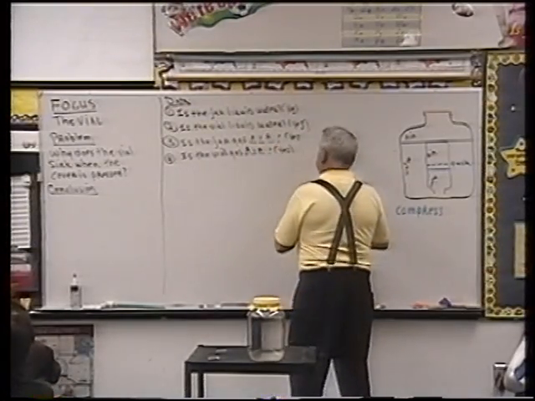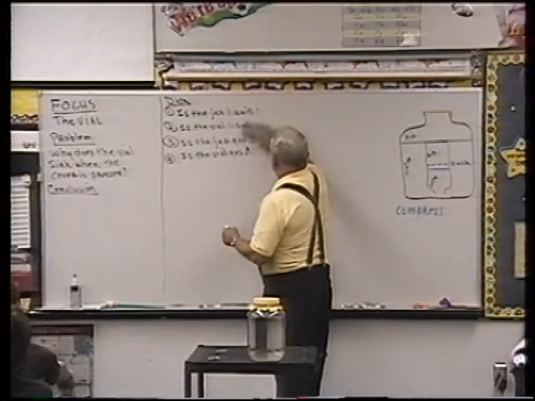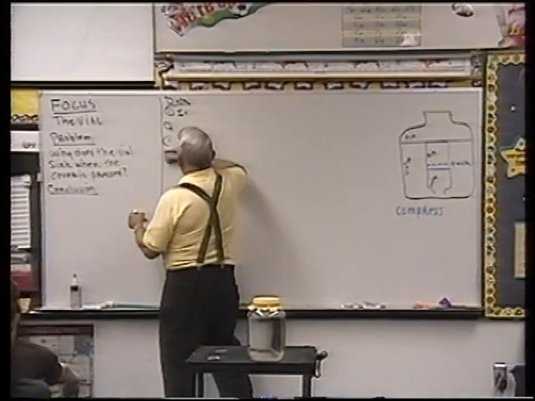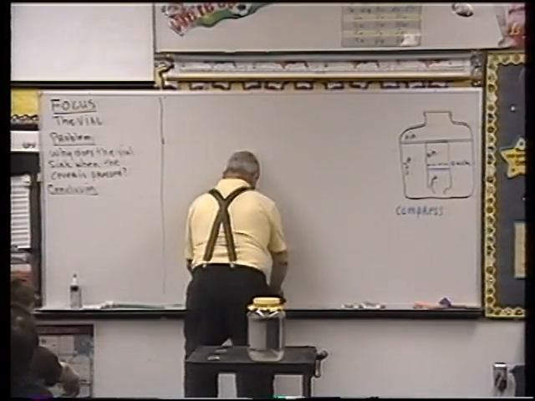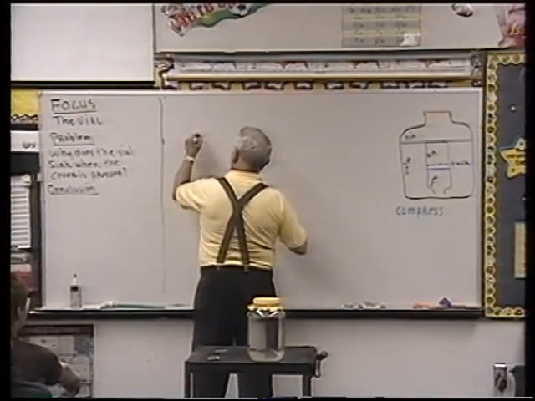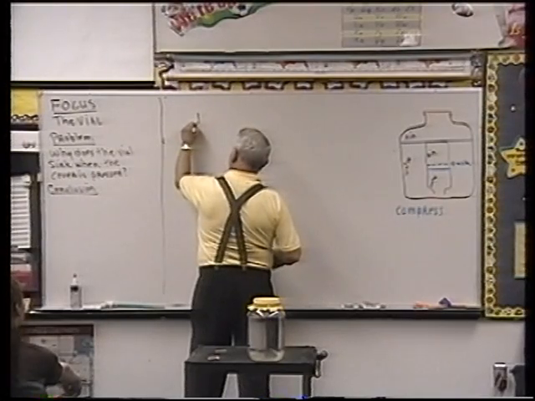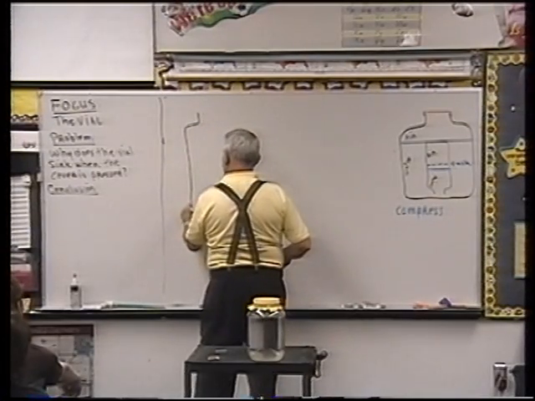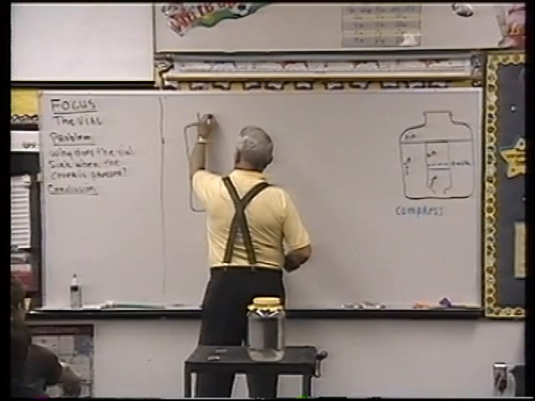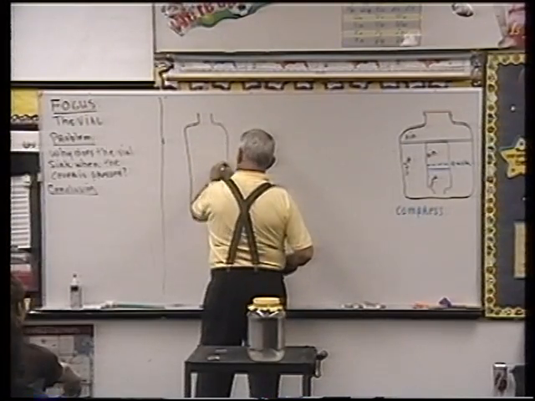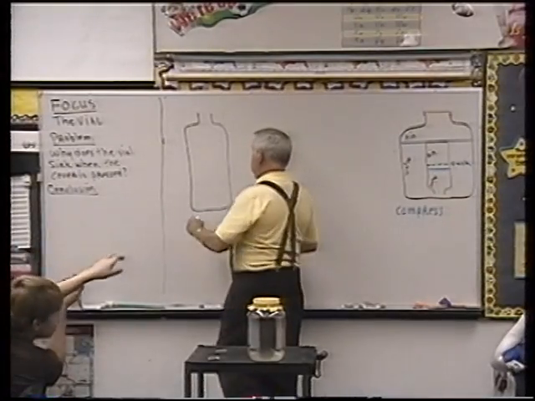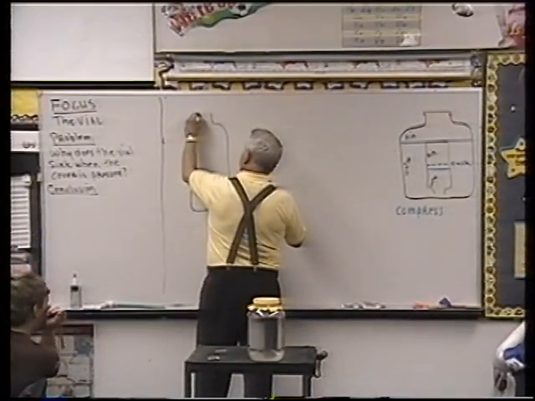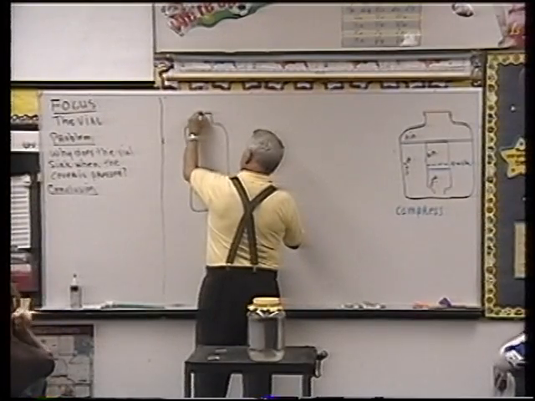I'm going to draw. We don't need this anymore. So I'm going to draw a scuba diver's tank. This will be almost life size. The scuba diver's tank is about this size. Raise your hand if you've ever seen a scuba diver's tank. Okay, it looks about like that. And up here, at the upper end, it has a nozzle.